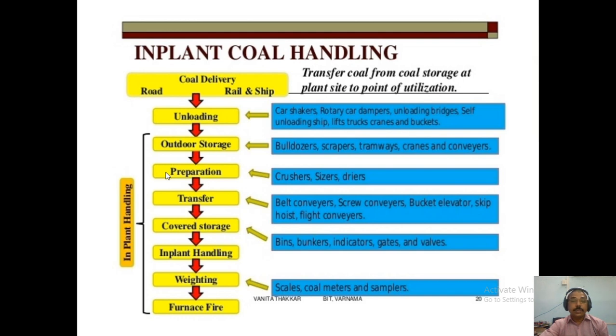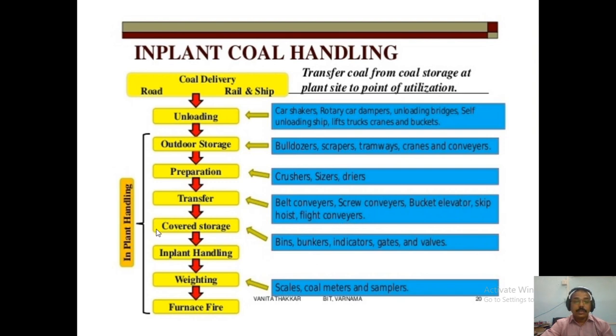Then the preparation process takes place, where sizing, drying and crushing of the coal is done. This big coal is formed into small pieces. The prepared coal is then transferred to the covered storage through transfer modes using belt conveyors, screw conveyors, bucket elevators, and flight conveyors.